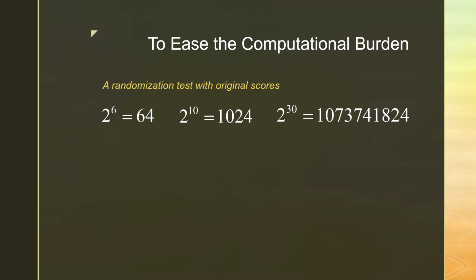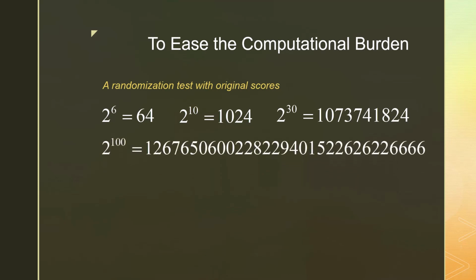And let's do one more. What if we have 200 participants matched into 100 pairs so that we have 100 different scores? Then the number of sequences is 2 to the 100th, and don't ask me to attempt to read to you that number. I am not going to do it. You see now why there is a heavy computational burden.